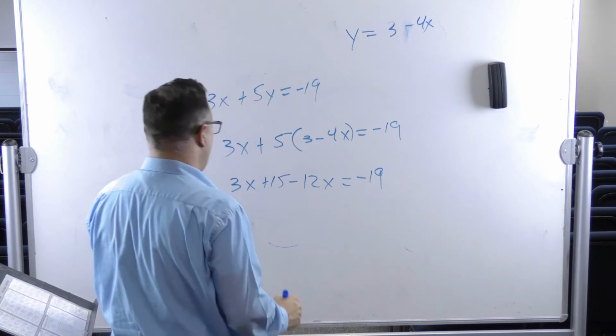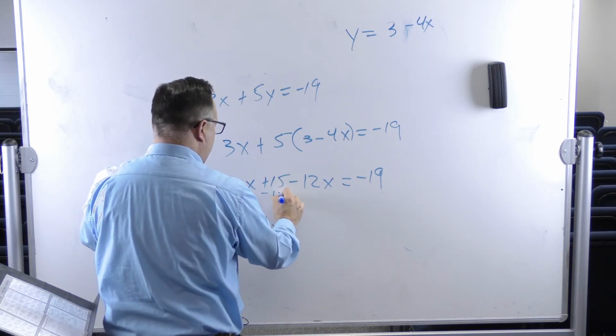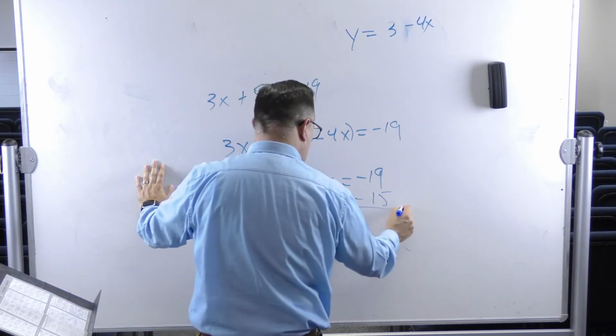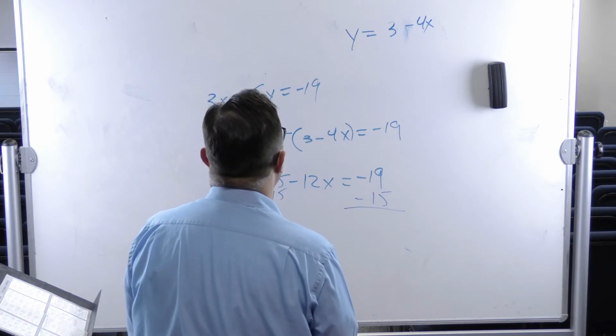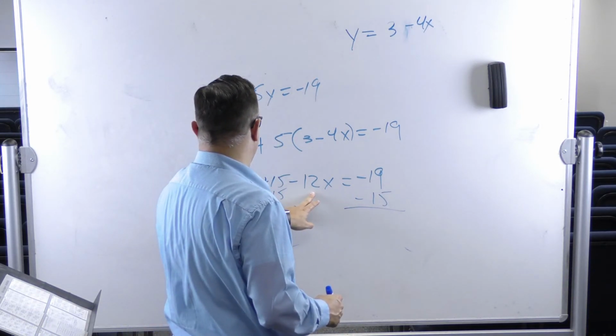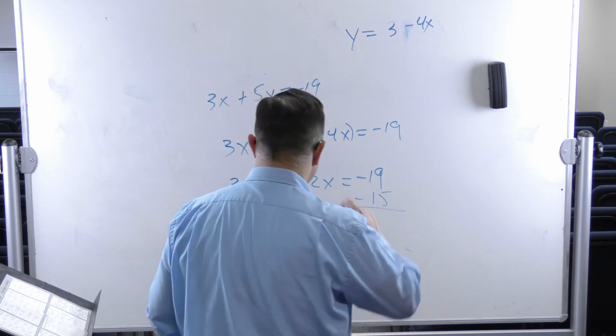And I'm now going to combine the x's. Negative 9x, subtract 15, and is that going to be right there? What did I do wrong? Did I do something wrong? This is 3 times 5, this is negative 12x. This is 9x. This is negative 19.